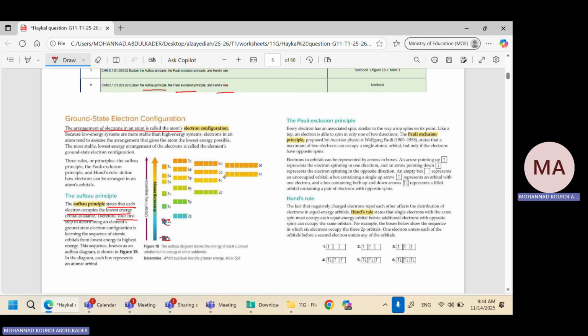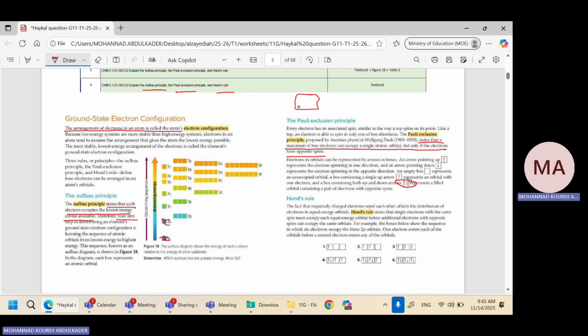Pauli exclusion principle states that a maximum of 2 electrons can occupy a single atomic orbital, but only if the electrons have opposite spins. This is the correct formula for the Pauli, okay? I cannot do it like this.